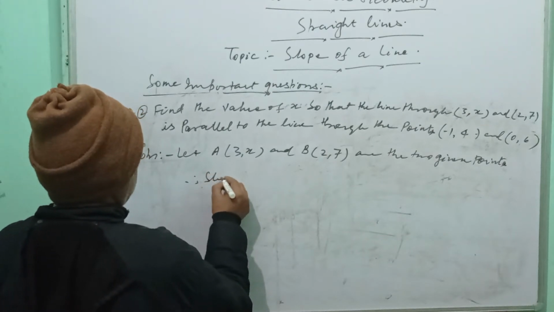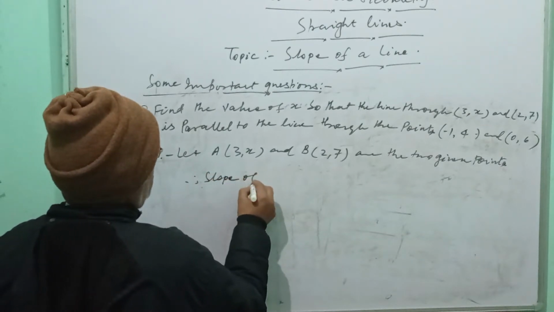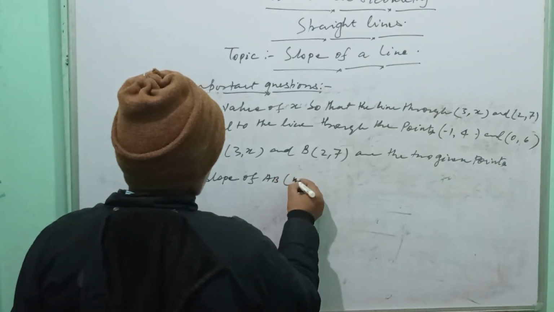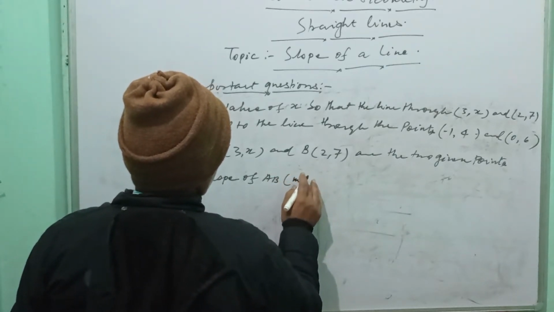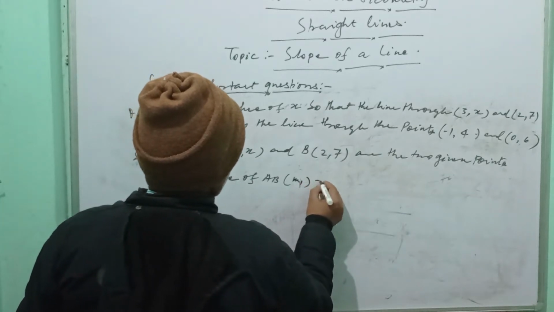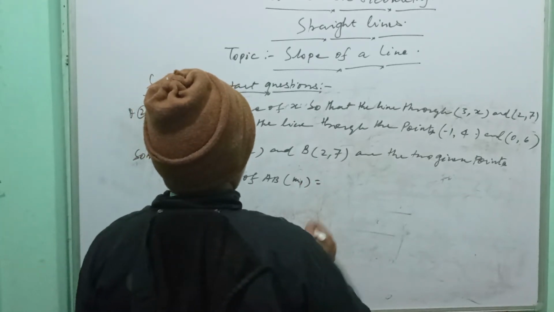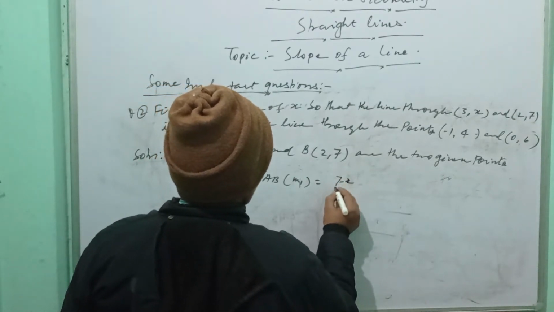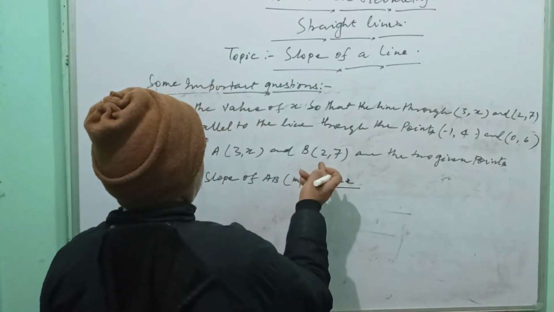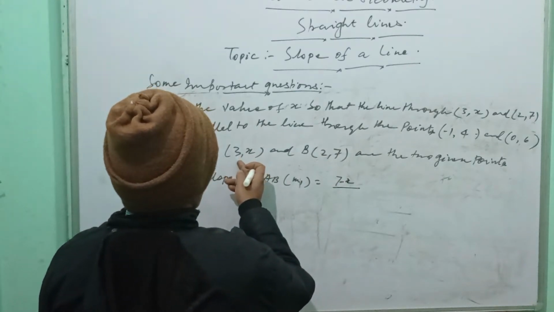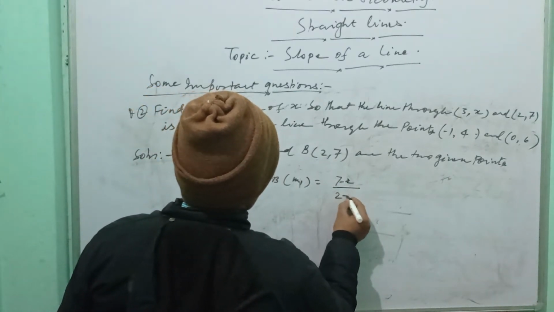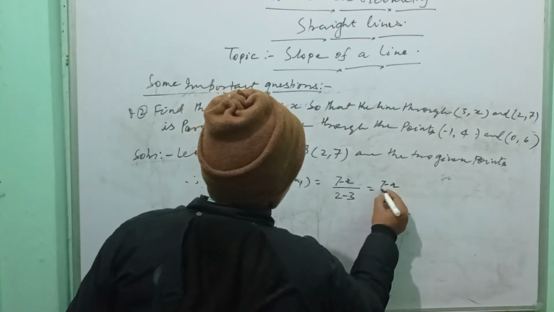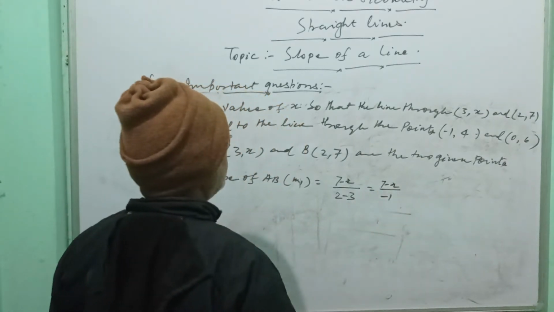Therefore, slope of AB, M1, is equal to y2 minus y1, means 7 minus x, by x2 minus x1, 2 minus 3, is equal to 7 minus x by minus 1.